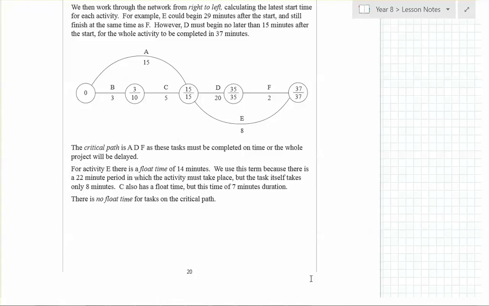Now, do you remember how we decided that a longer line does not necessarily mean a longer time? Yes. Okay. So we had this diagram which was about baking a cake, no?